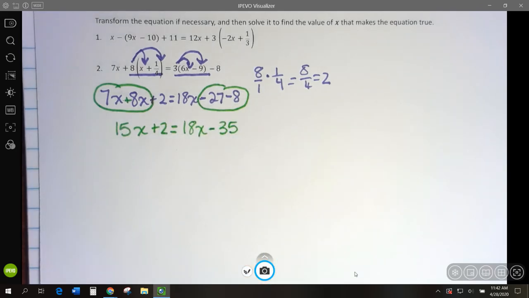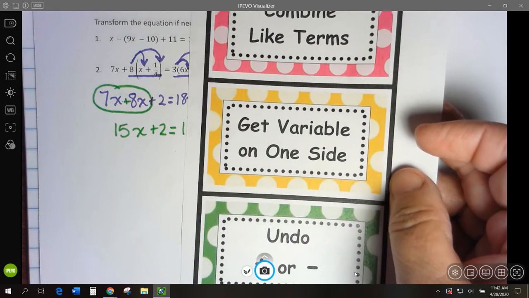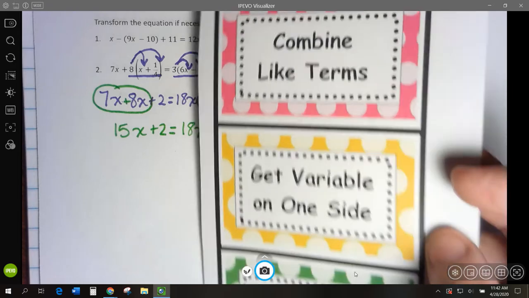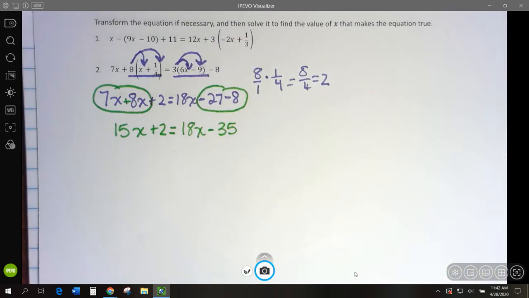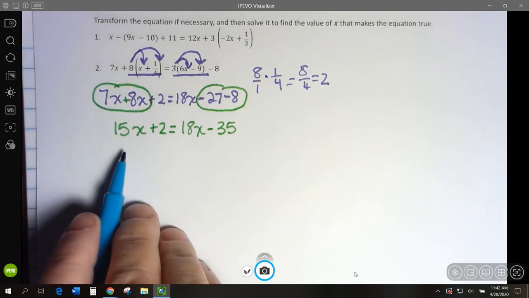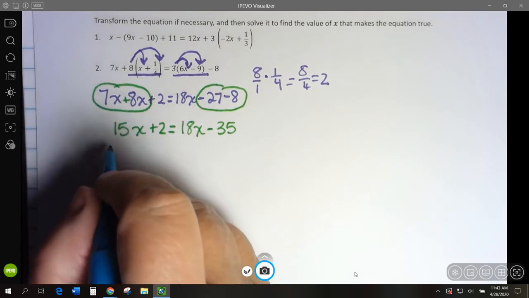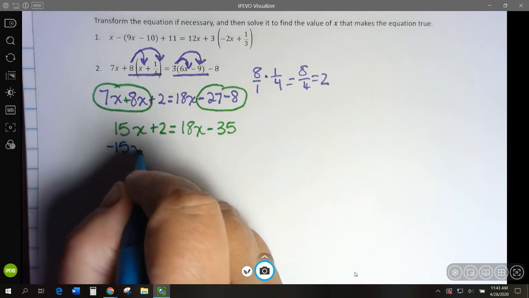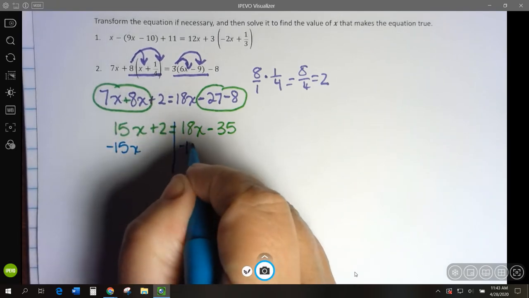Next, after we combine like terms, we want to get variables on one side. So we get rid of the variable with the smallest coefficient, and that is going to be 15 compared to 18. 15 is smaller. So we're going to subtract the 15x out on both sides.